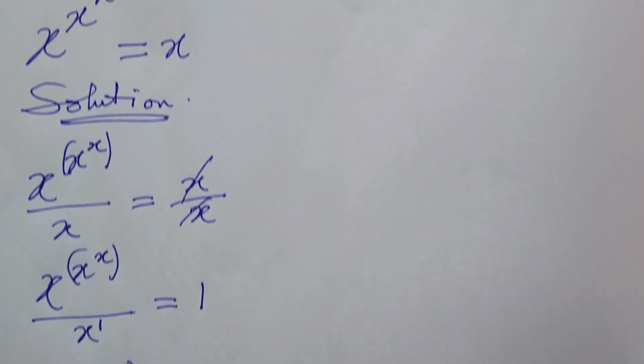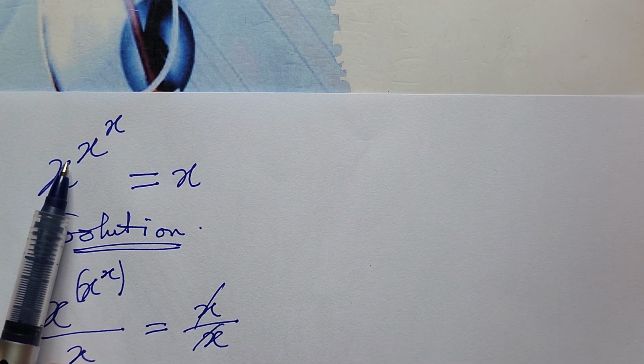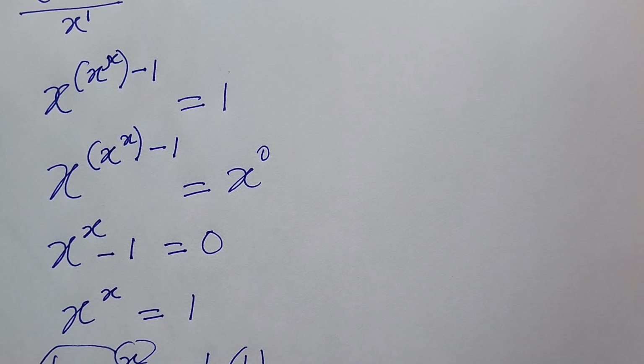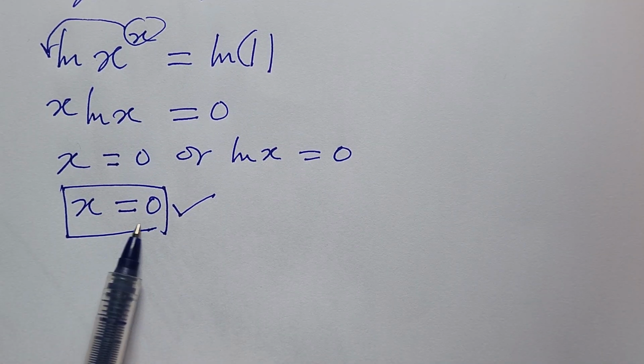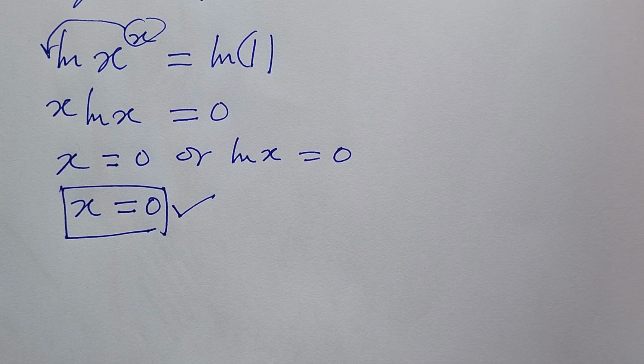Look at our original question. We're going to have 0 to the power of 0 to the power of 0, and we know that 0 to the power of 0 is undefined. So is this first root acceptable? Drop it in the comment section if it is not acceptable.